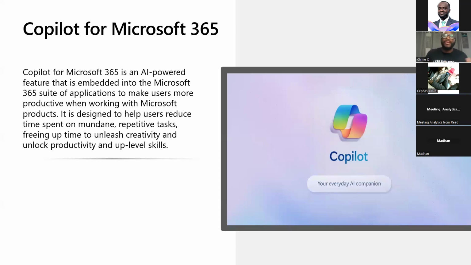As long as you have an E5 or E3 license, you can get Microsoft 365 Copilot. There's also eligibility for education, so if you're in education, there's eligibility for Copilots for people in that area as well. And for sales and customer service, getting Microsoft 365 Copilot is even cheaper than before.